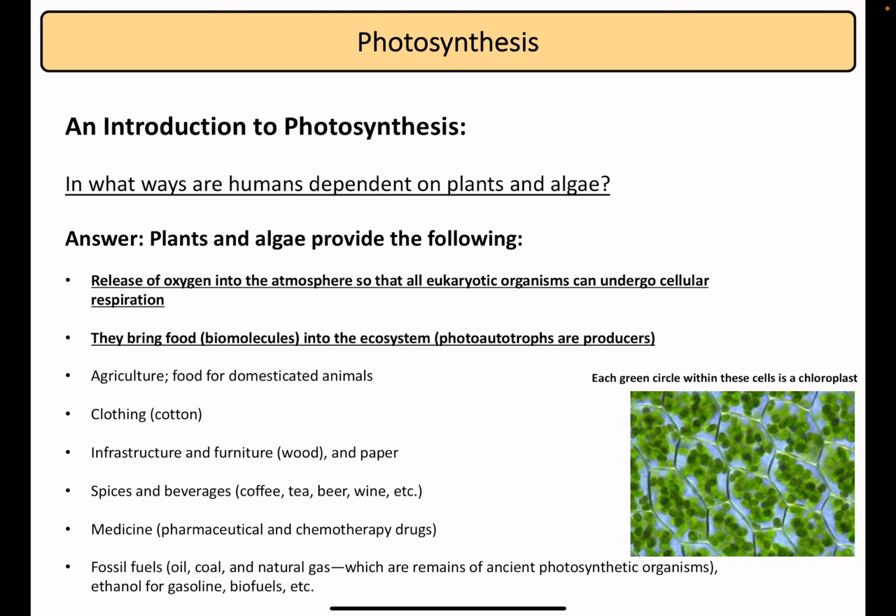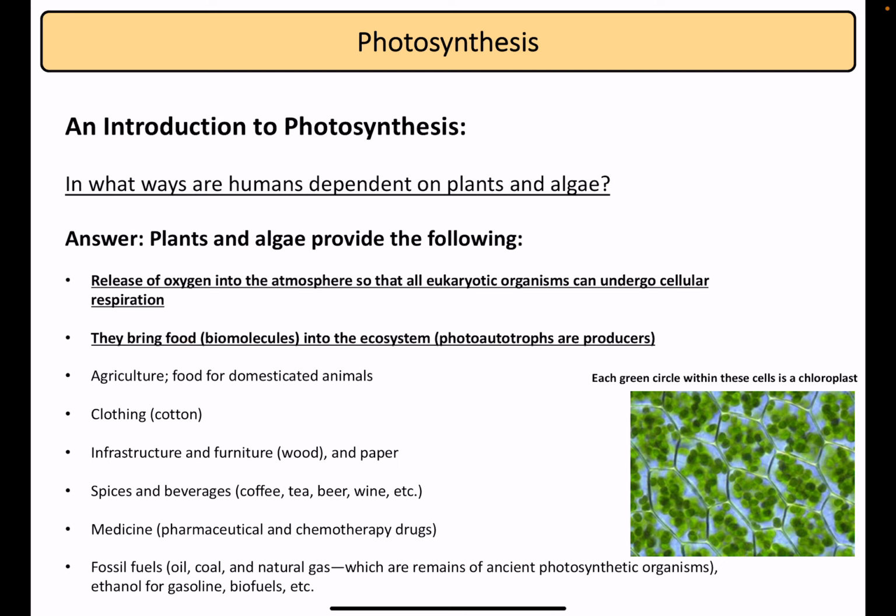Before we move on, I have one more question for us about photosynthesis. And that question says, what are some of the ways that humans are dependent on plants and algae? And as you can see, there's a lot of answers to that question. 2 answers are of the greatest importance, meaning that if you were to take away plants and algae, you couldn't have animals and funguses and protists around, because we require photoautotrophs for 2 things.